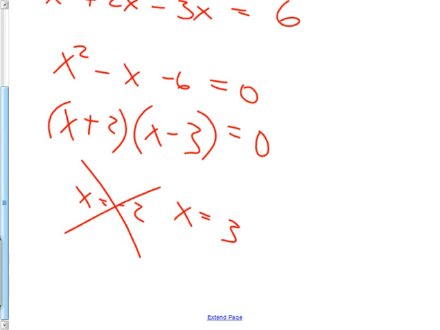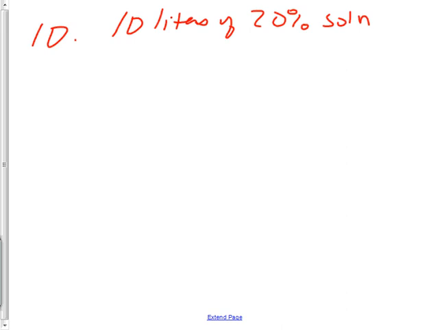All right. How about number 10? Try it. It's a mixture problem. If you remember the mixture formula, it'll be a snap. Those following along at home, it says 10 liters of a 20% solution are mixed with 30 liters of 30% solution.